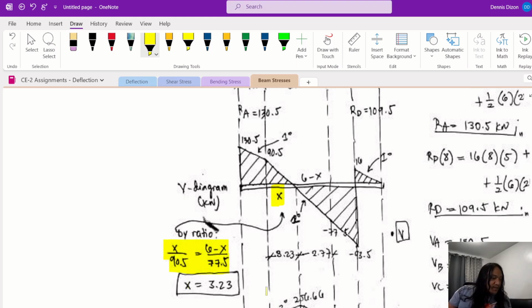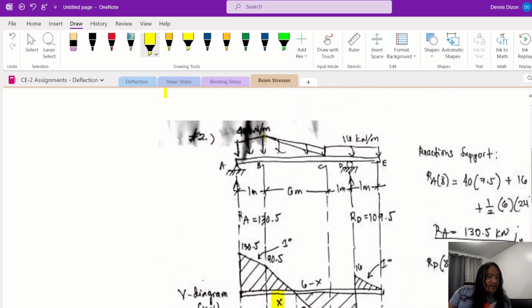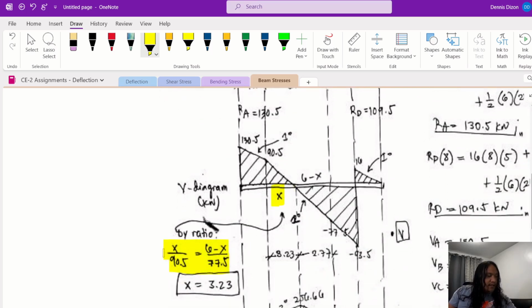Now the problem with this one is your load is trapezoidal, so that is a first degree load, trapezoidal or triangular. Like if you divide this into two components, a rectangular and a triangular load, and then he uses a direct linear ratio and proportion.